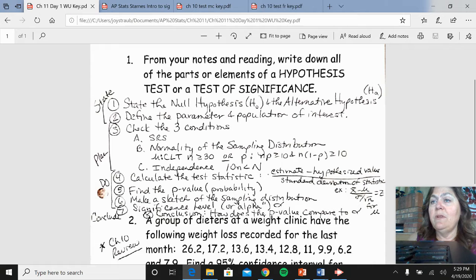You must also put in there how your p-value that you get, the probability of this happening, compares to that alpha, and then you draw a conclusion of whether or not you want to accept H0 or reject H0. And so we're going to learn all about that in today's notes, but those should be the parts that you have down. And if you didn't catch any of those, make sure to jot them down.